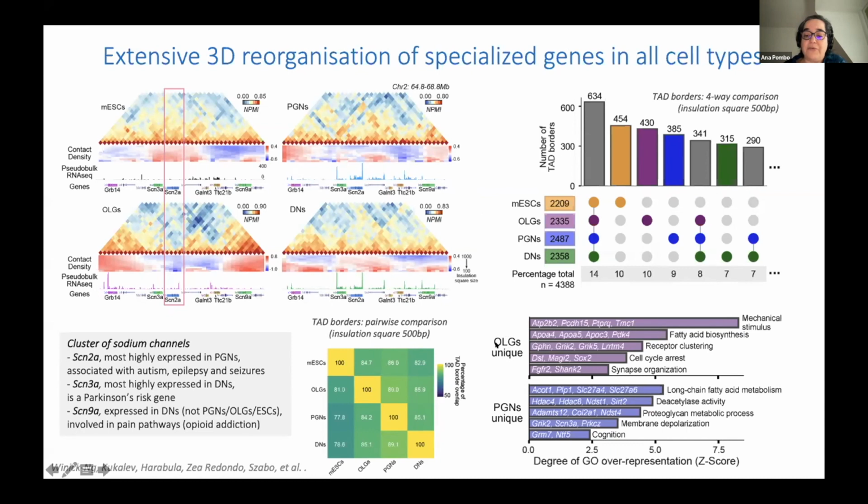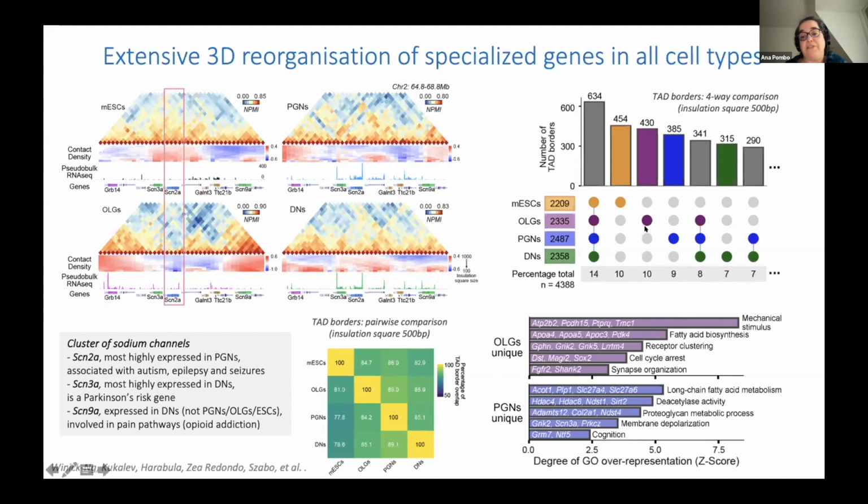For example, in oligodendroglia, we find genes important for synapse organization, receptor clustering, fatty acid biosynthesis, whereas in the PGNs, we found genes important, for example, for cognition or membrane depolarization, which are terms that are really very highly specific of the biology of the cells that we are studying.